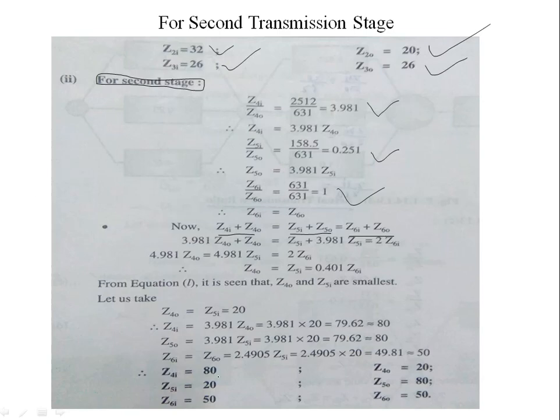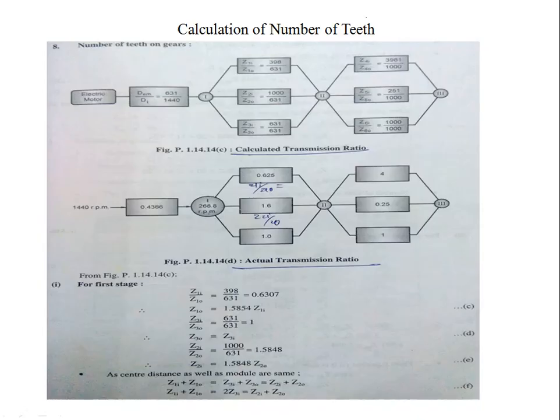According to this, we find the number of teeth: Z4 input is 80, Z4 output is 20. The smallest pinions are Z4 output and Z5 input. So Z5 input is 20, Z5 output is 80, Z6 input is 50, and Z6 output is 50 again. Likewise, we find the number of teeth on the second transmission stage.